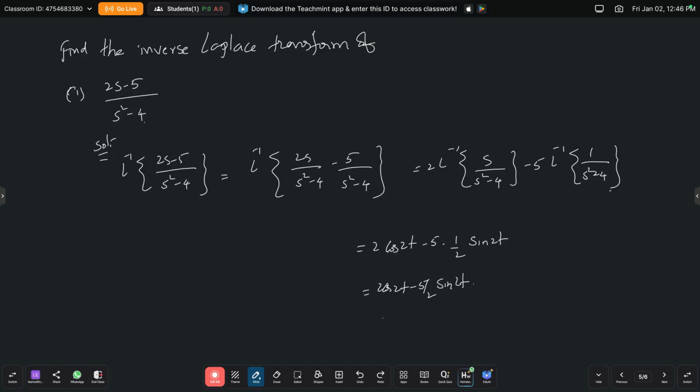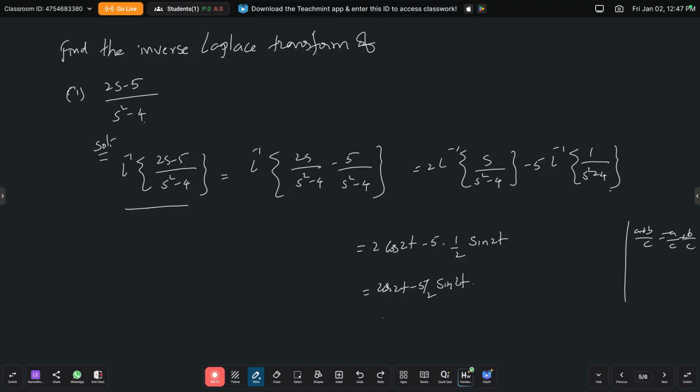Next, using these formulas as well as the linearity property, I am finding the inverse Laplace transform of these problems. The first problem: find the inverse Laplace transform of 2s minus 5 by s square minus 4. It is in the form of a plus b by c, so I am taking a by c plus b by c.